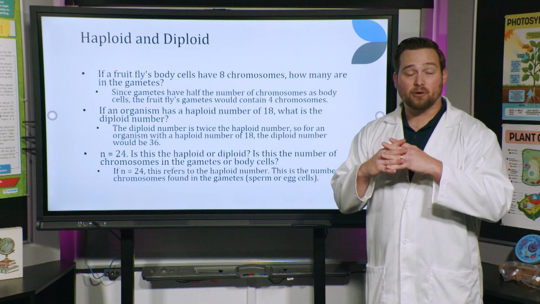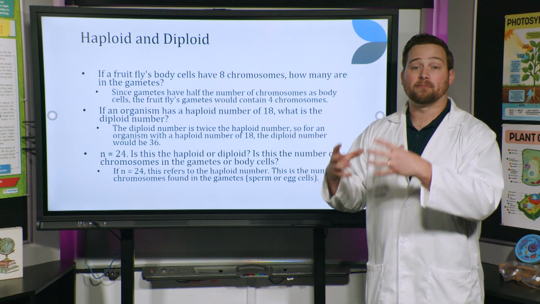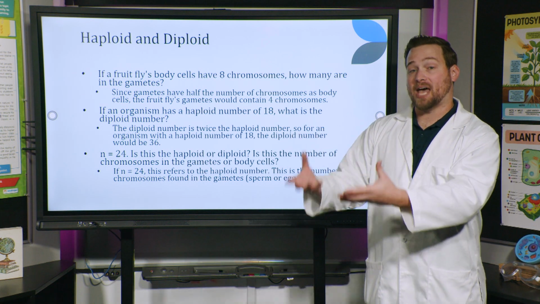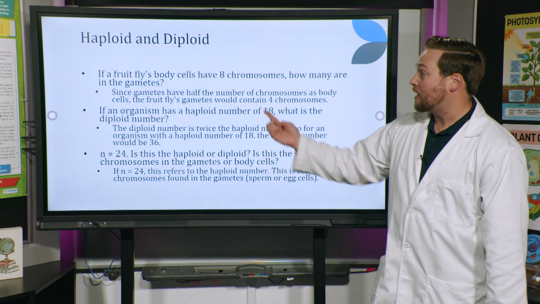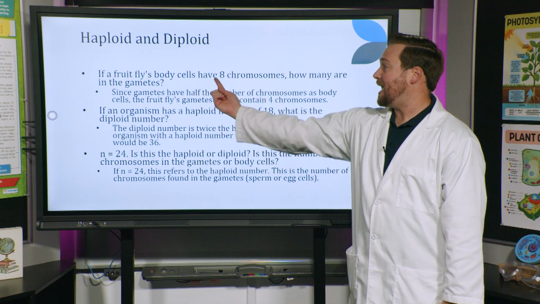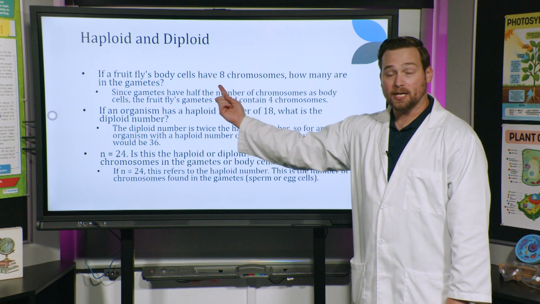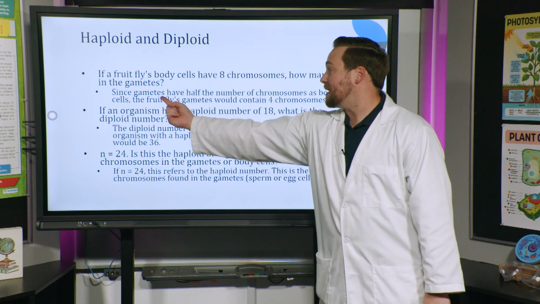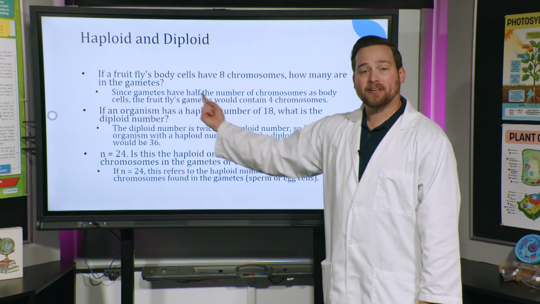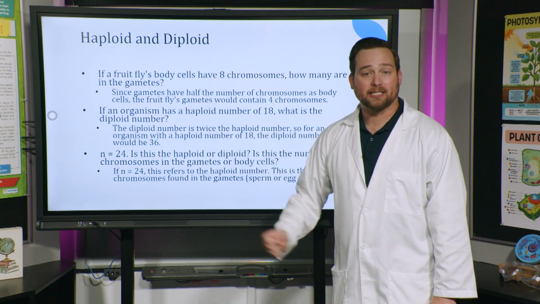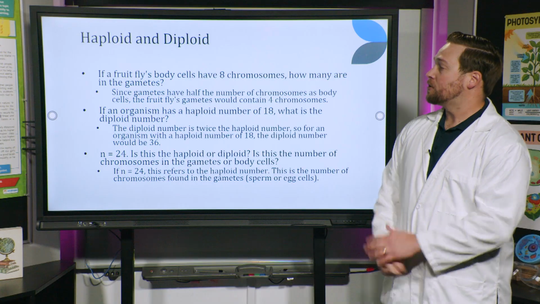And when they come together, we have 8. And so now that fruit fly has the 8 chromosomes that it needs. Okay, so in this situation, we would say that the body cells with the 8 chromosomes are diploid, and we would say that the gametes having half, right, are haploid. And again, half and haploid kind of sound alike to me, so that's how I remember the difference between them.